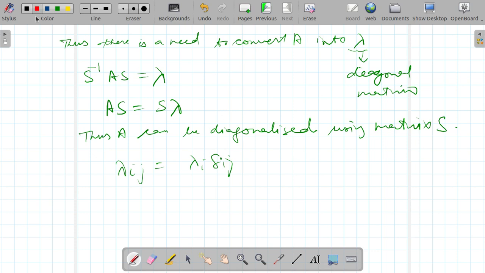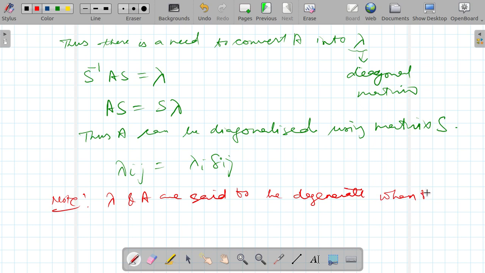And there is a note which we have to keep in mind. The note is that lambda and A are said to be degenerate when two or more eigenvalues are equal.